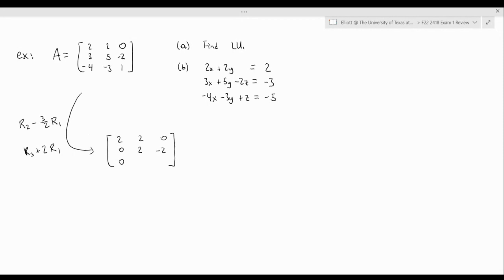And then row 3 plus 2 of row 1, so -3 plus 4 will be 1 here. And then 1 plus 0 is 1, okay. So then we have to do one more elimination. So we're going to do row 3 minus 1/2 of row 2.